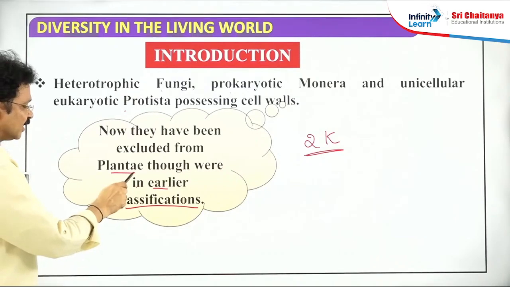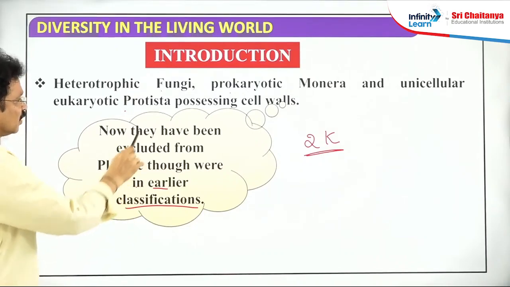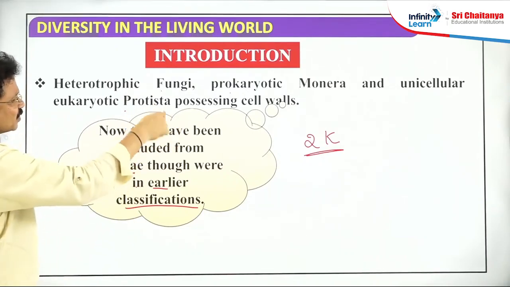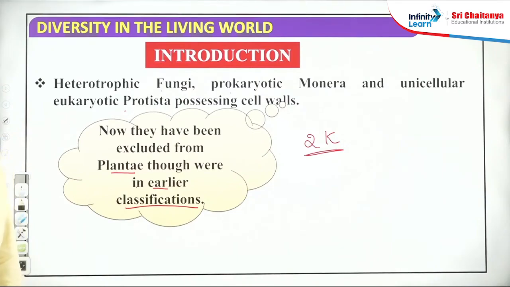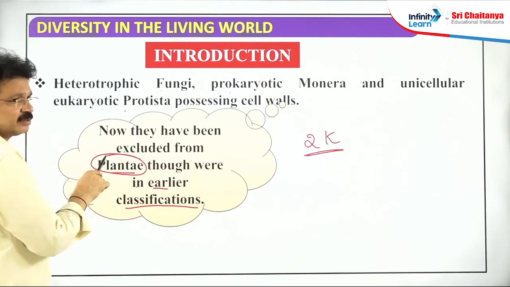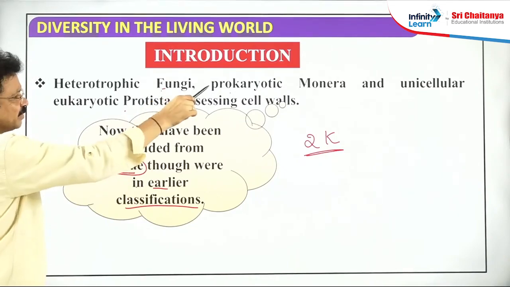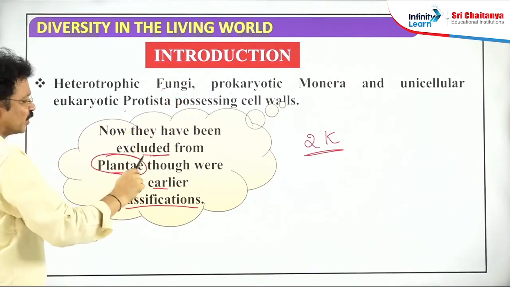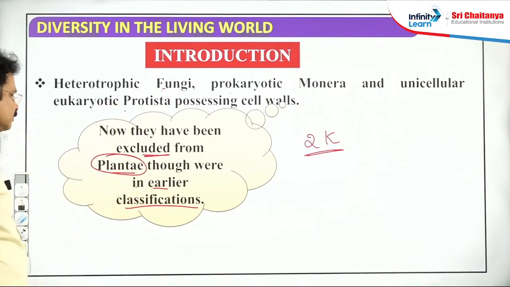But according to the latest classification, all these organisms are removed because they are heterotrophic organisms. Lack of autotrophic nature in these members, they are excluded from Plantae.